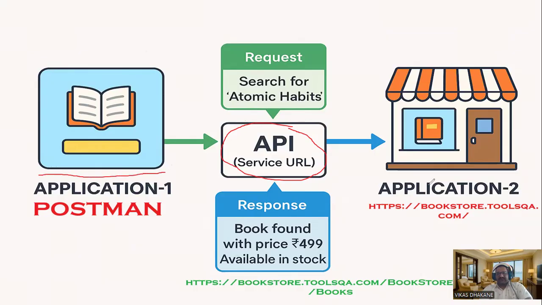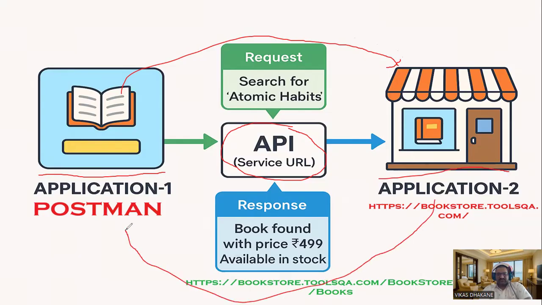This is application one, and we have another application, application two. If application one wants to communicate with application two, then there is a need for some interface or bridge between these two applications. And if application two wants to send a response to application one, there is also a need for a bridge or interface between them, and that is called the API.